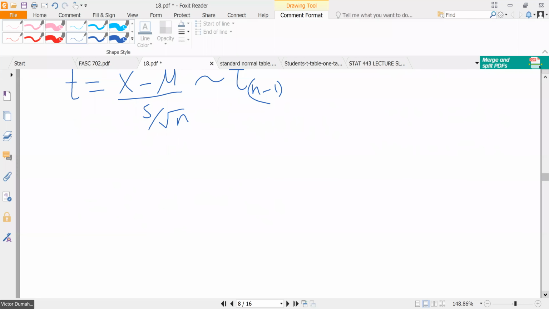We are looking to find these quantities, so we are going to perform the operation of standardization.